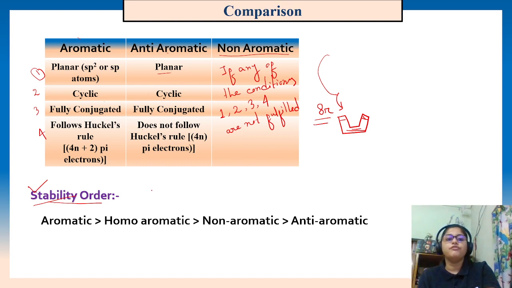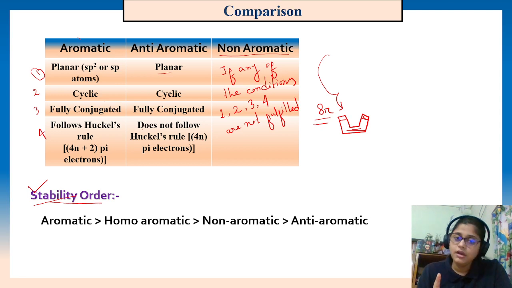The stability order of all the types of compounds we have read till now: aromatic, where the Huckel rule will be followed, cyclic, planar, conjugated, right? Homoaromatic, which we have just studied. It is conjugated through the sp2 parts, but one sp3 carbon will be present, so full conjugation will not be there.